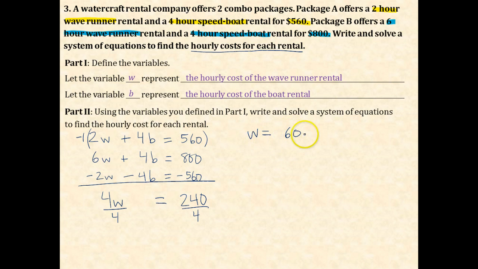Now we could take that value and plug it back into one of the original equations. I'll just take the first one because it has smaller numbers. 2 times W, which we know now to be 60, plus 4B equals 560. 2 times 60 is 120.